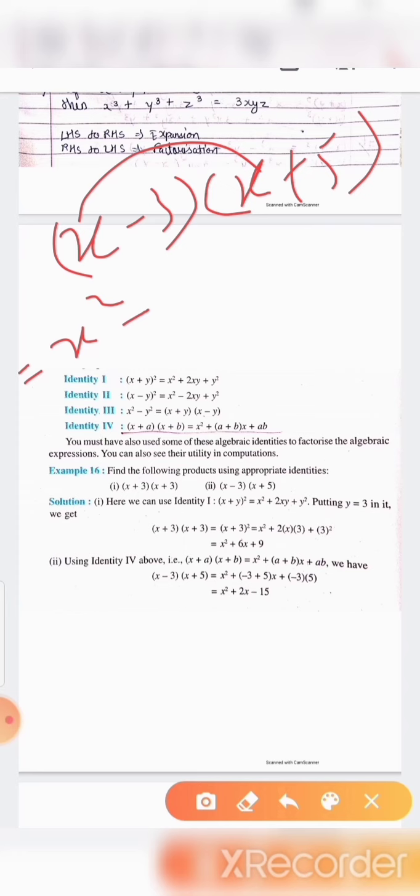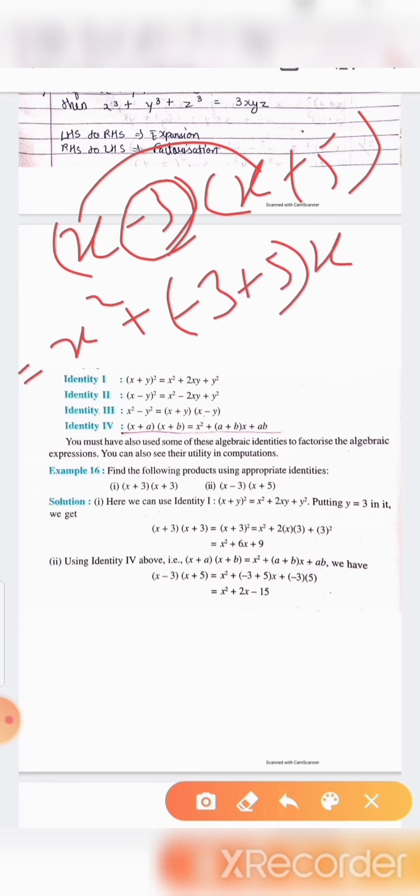Next, a plus b means minus 3 plus 5, common x, and then a into b is minus 3 into 5.